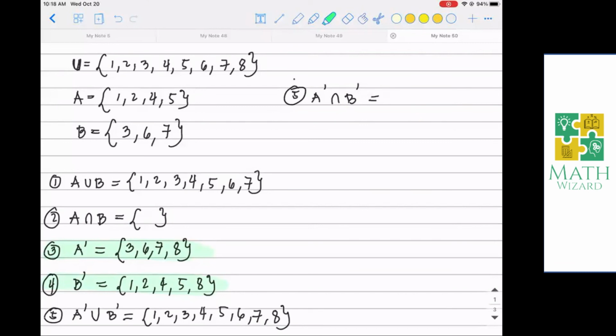Mapapansin natin, ito yung common sa kanila. Nilagyan ko ng encircle. Sa A complement, meron tayong 8. Sa B complement, meron ding 8. And wala nang ibang common. Therefore, ang ating final answer dito ay 8.